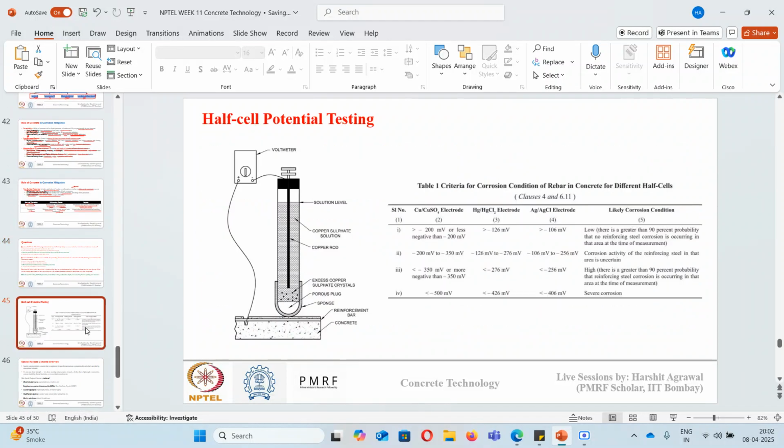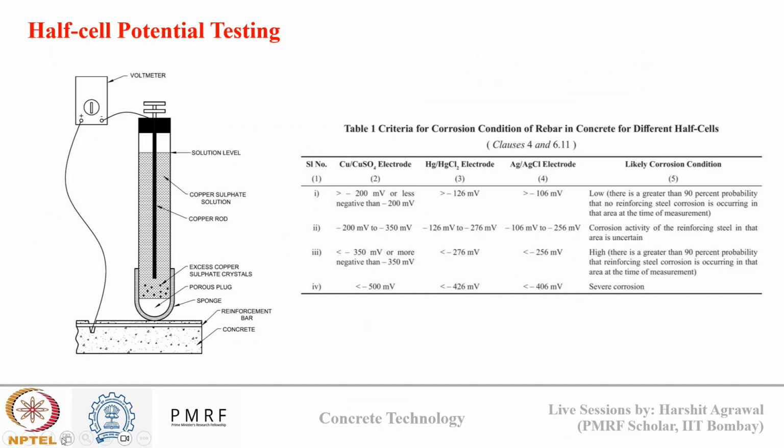So this is what half cell testing looks like. This is a half cell, a copper sulfate half cell. What you see here, we drill a hole in the concrete surface. We connect one end of the voltmeter to the reinforcement, and the other end is connected to the half cell.